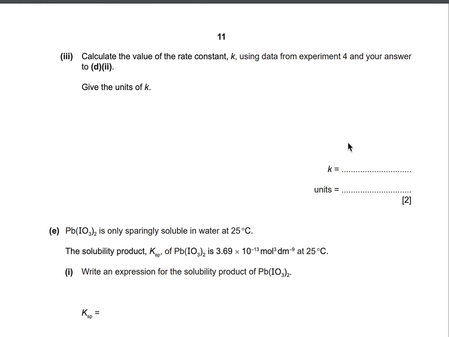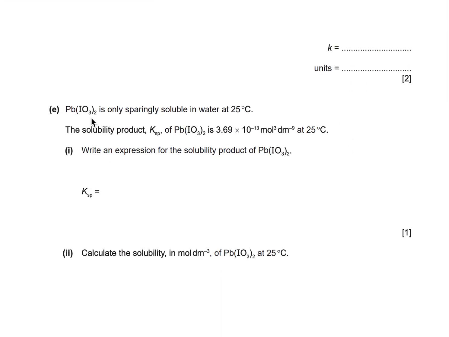Now moving on to the solubility product. It says lead iodate is only sparingly soluble in water at 25 degrees Celsius. The solubility product of this is 3.69 into 10 to the power minus 13 mole cube dm minus 9. Write an expression for the solubility product of Pb(IO3)2. First we need to write the equation for the solubility product.